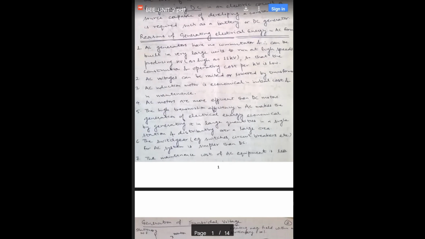AC generators are also called alternators. They do not have a commutator, therefore they can be built in large units, with big capacity.